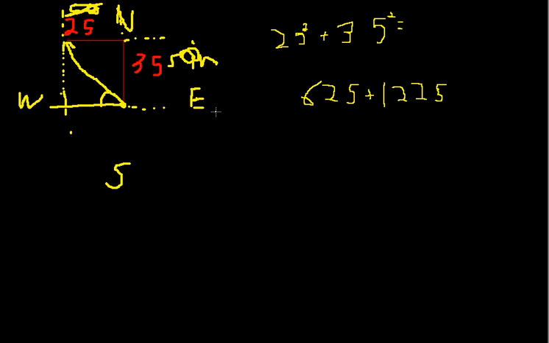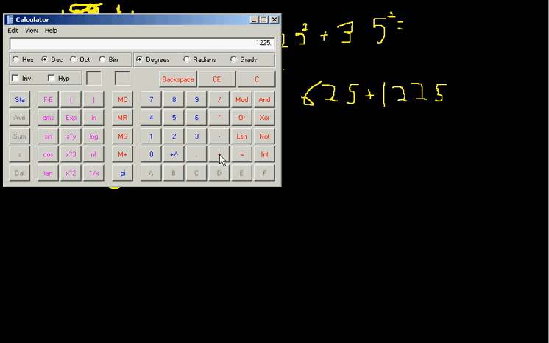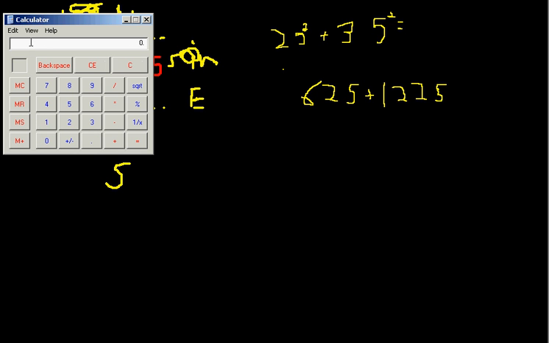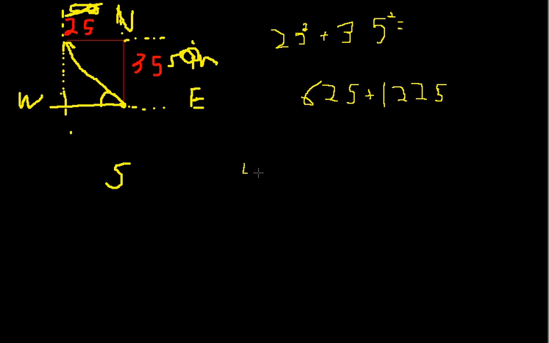For some reason that impressed me. Okay. When you add them together, 1225 plus 625, we get 1850. The square root of that is 43.01, so I'm going to put 43.0. So that's the length of this vector.